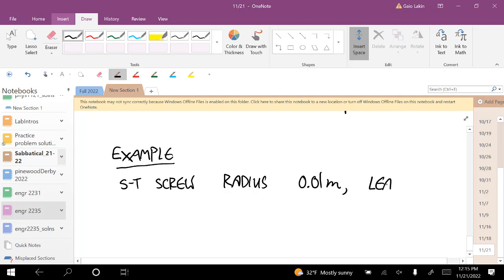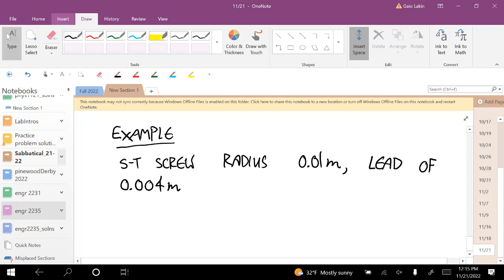And a lead of 0.004 meters, so 4 millimeters. And let's say that there's a coefficient of static friction of 0.1.